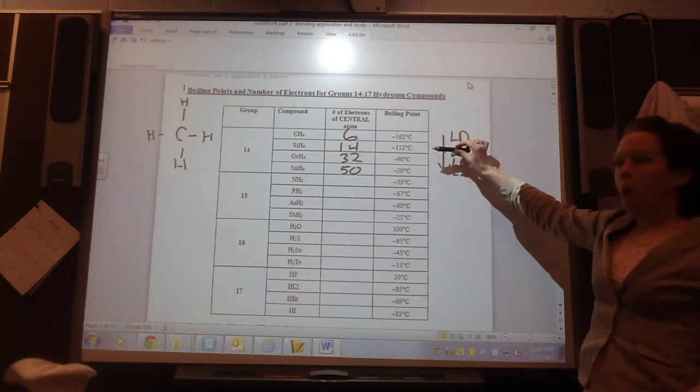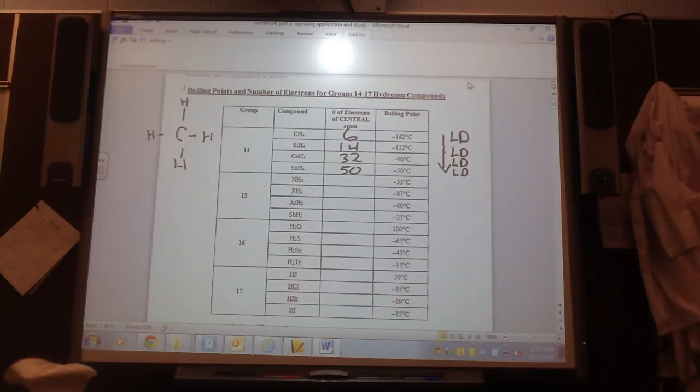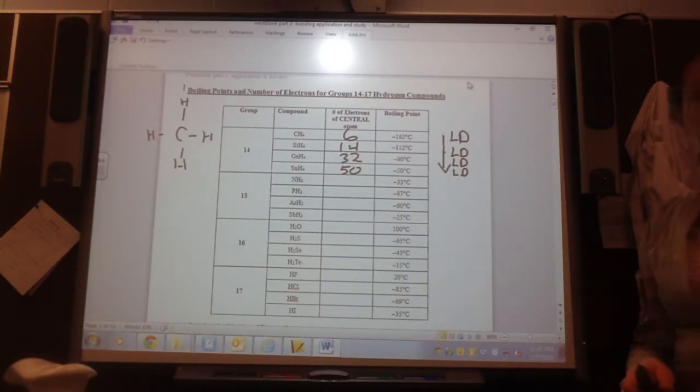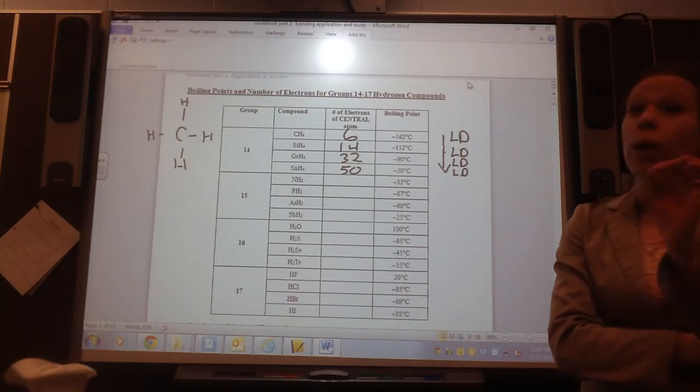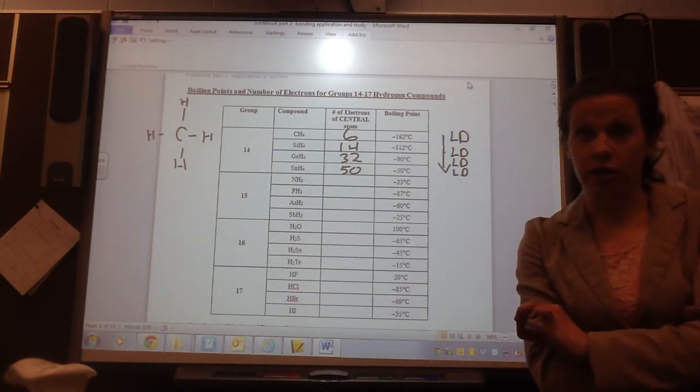So, why is the boiling point increasing if they each only have London dispersion? There are more electrons. Okay? In our notes yesterday, it said London dispersion forces increase when there are more electrons.